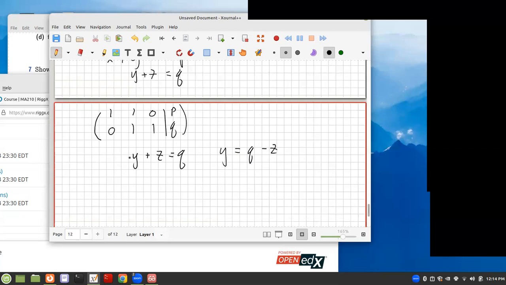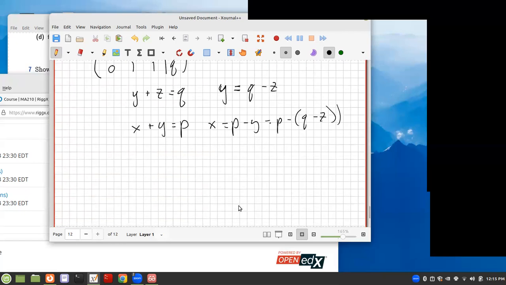And then we want to find a form that is simpler. So we have the first equation, X plus Y equals P. Then we can use the P here. So X equals P minus Y, which equals P minus Q minus Z. So we have X equals P minus Q plus Z, and Y equals Q minus Z.